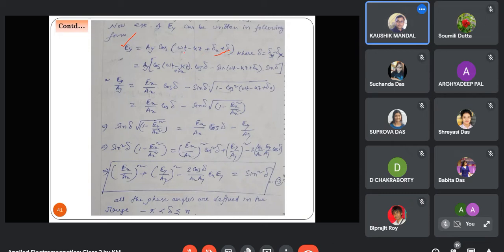Now you can rewrite this equation using the cosine of a sum, cos(c plus d). Here c is omega t minus kz plus delta x, and d is delta. So cos(c plus d) means cos c cos d minus sin c sin d.